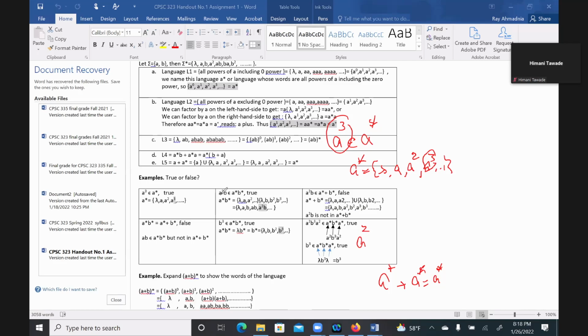Now this one here: is A squared B a member of A star and then B star? Okay, look and see how you can answer this question. Ready? See, this word has two parts.